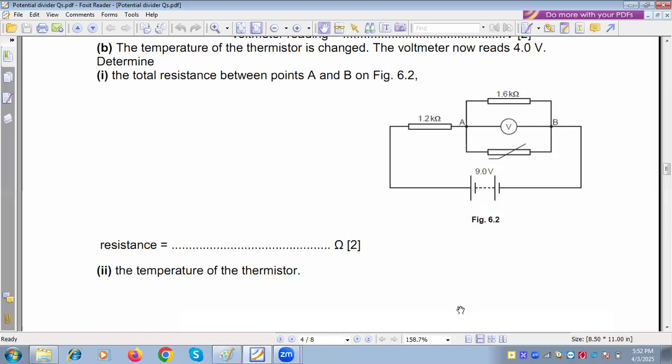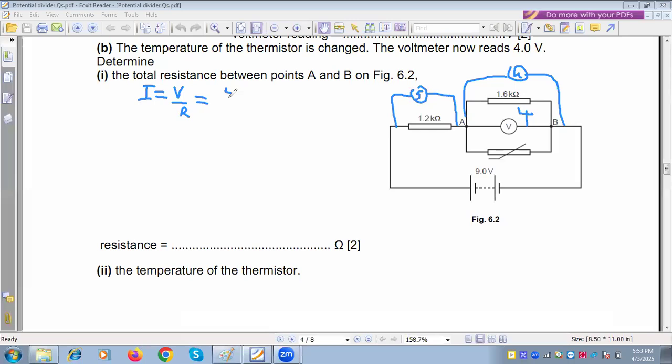We know the potential difference across 1.2 kilo ohm is 5. 9 minus 4 is 5. This has 4. This voltmeter shows 4 volt. So we can find out the current using the formula I is equal to V over R, 5 volt over 1200.